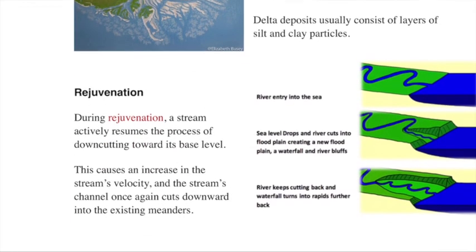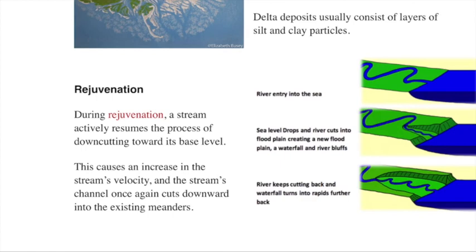In the weird condition where you're going to have a drop in the level of the body of water that a river's flowing into, let's imagine that it's flowing into the ocean and you have a drop in sea level, or it's flowing into a lake and you have a drop of the lake level. In that case, you can end up with a steeper part than you would have had.